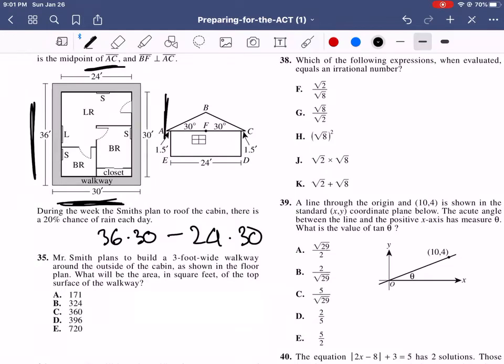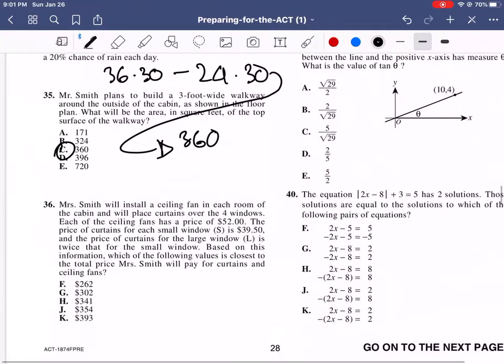So yeah, I said it vice versa. This is the walkway. No, this is the walkway. And this is the house. So, I'm just going to put in my calculator. It is 360. It all equals 360. Answer is C.